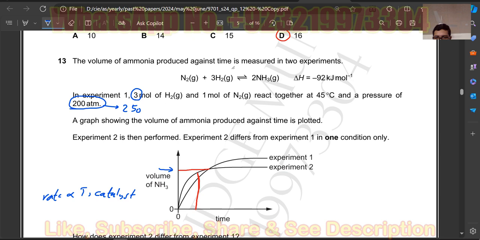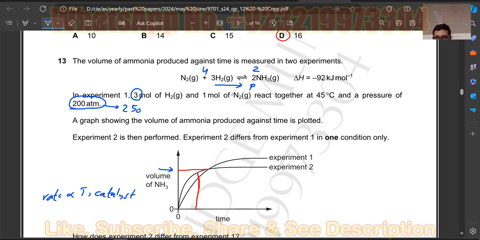by looking at the chemical equation, we see that there are 4 moles on the reactant side and 2 moles on the product side, and increasing the pressure will shift the equilibrium towards the right side, which means towards the lower pressure or the lower moles.